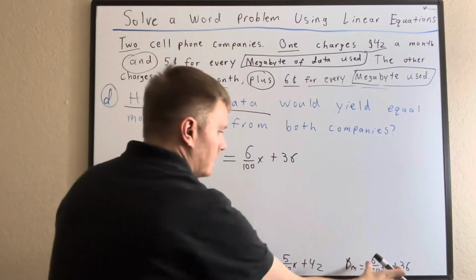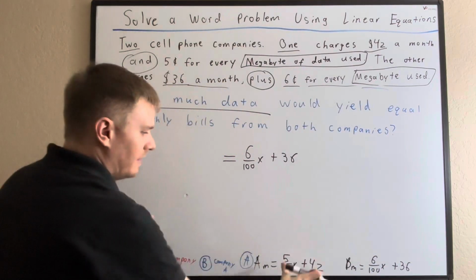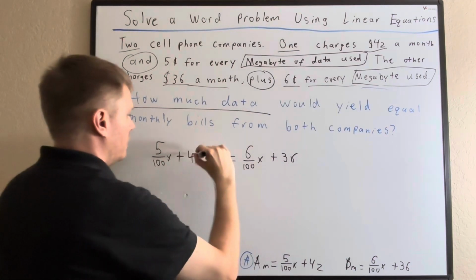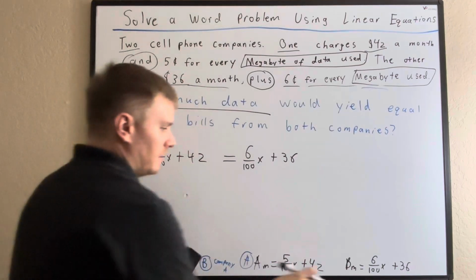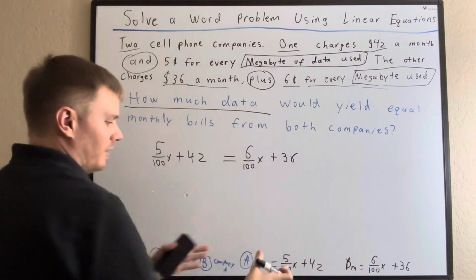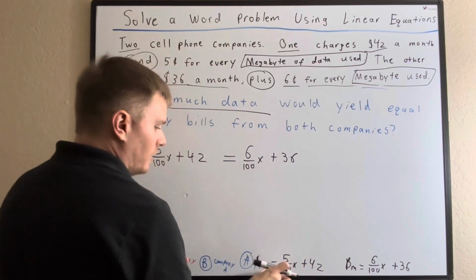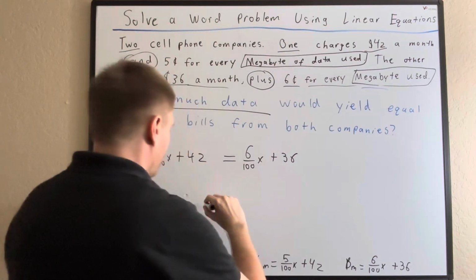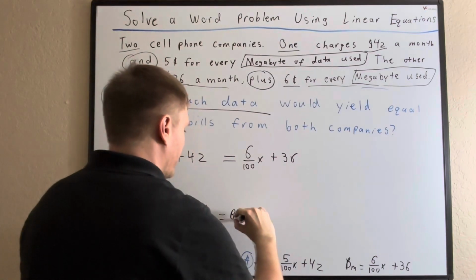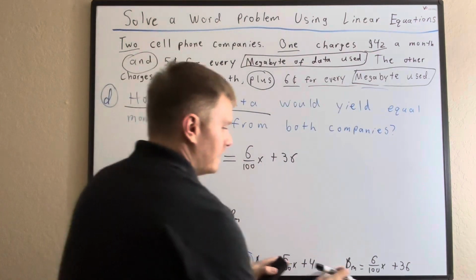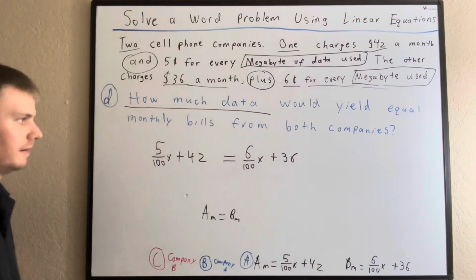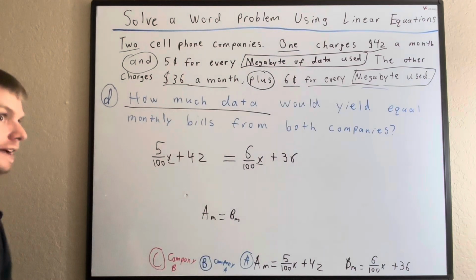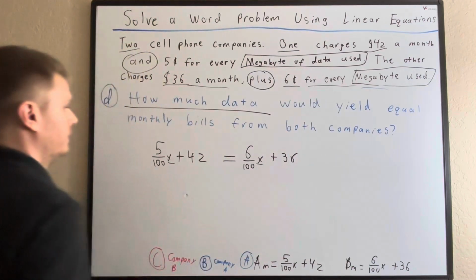We could just take this equation and this equation, set them equal to each other, and that would get rid of our monthly bills, because we're basically saying we want to know where this monthly bill is the same as this monthly bill. And we're saying A sub m is equal to B sub m right now. And that's why we can just take this and set it equal to that. And then solve for x. What? Crazy. I know.